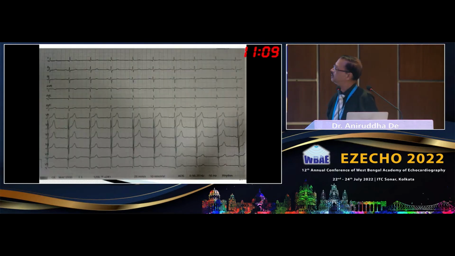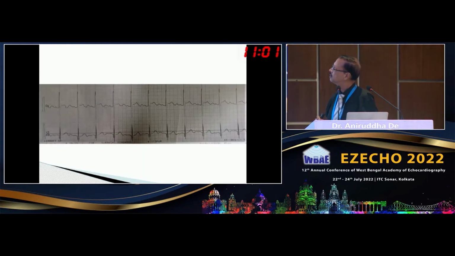Here is the ECG. This ECG is unremarkable, but I want to ask one question of the learned gathering. I did this ECG at 20 millimeter standardization, and what I saw is the P wave. Is there any abnormality in the P wave, or is it a normal variant?